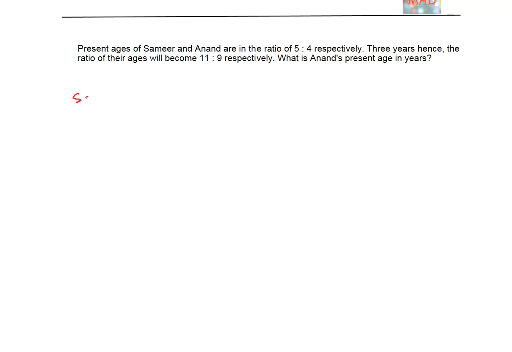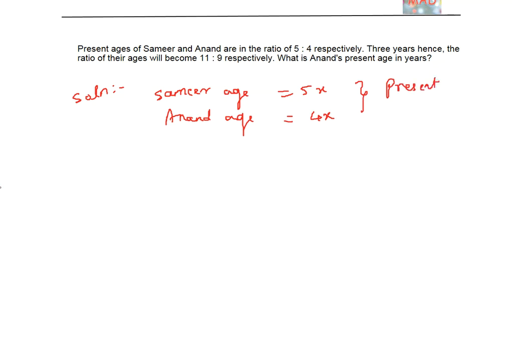So we have Samir and Anand in the ratio of 5:4. It means Samir's present age is 5x, and Anand's age is equal to 4x. So 3 years hence, it means after 3 years, this is the present age. After 3 years, what will be Samir's age?